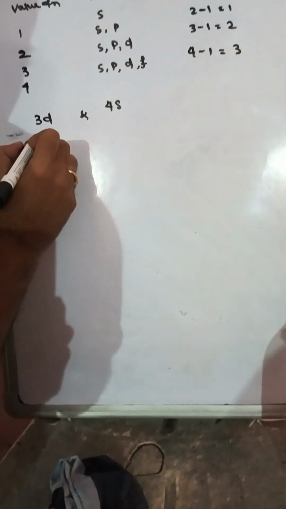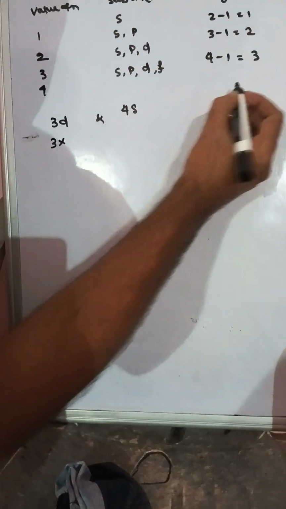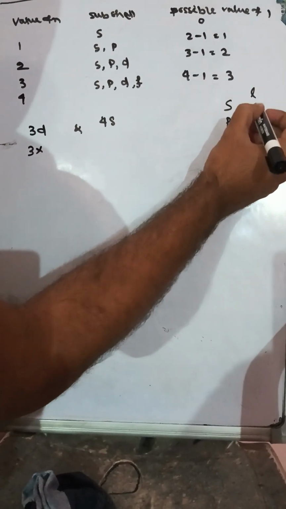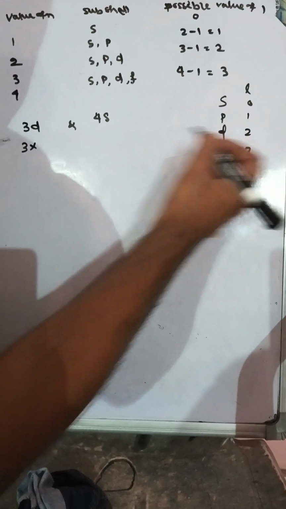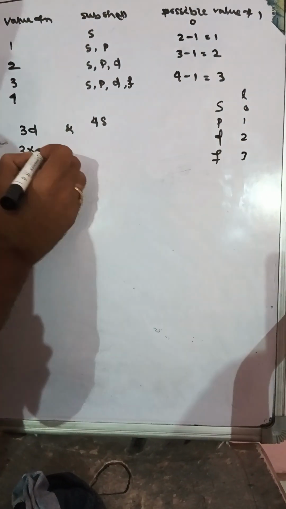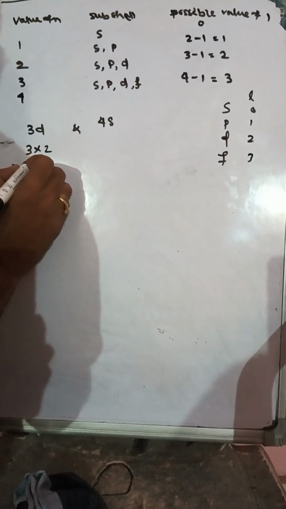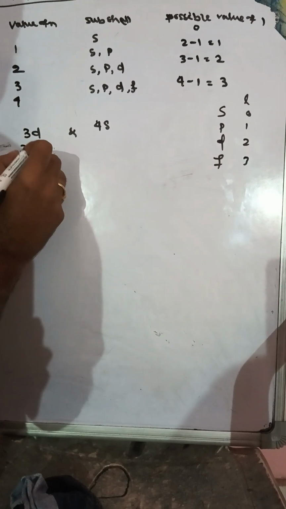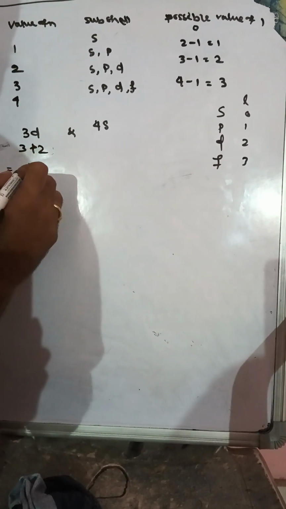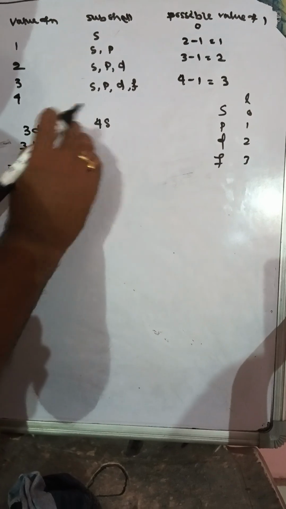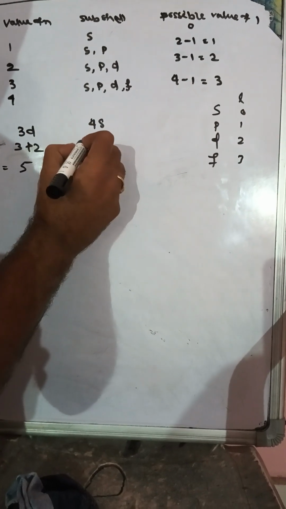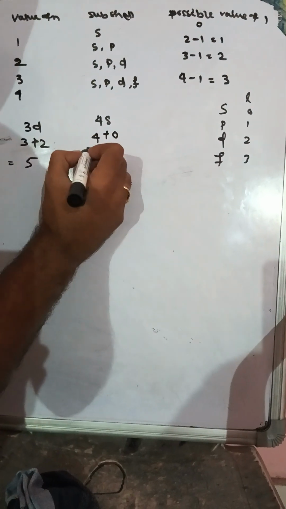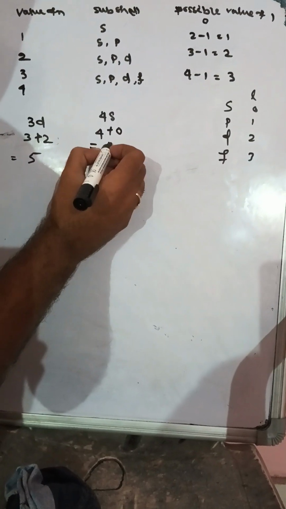For 3d, the n value will be 3 and for d, l will be 2. So n plus l is 3 plus 2, which is equal to 5. And 4s is 4 and s is 0, so 4 plus 0 is equal to 4.